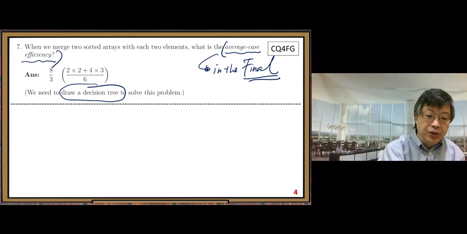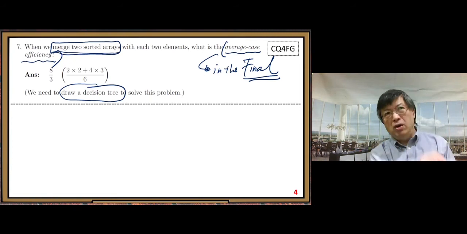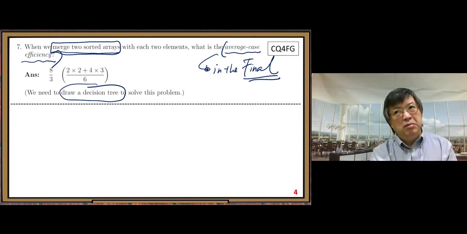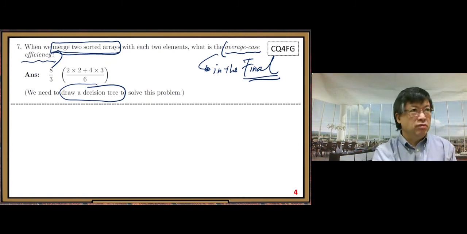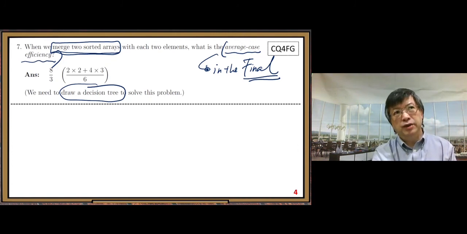When we merge two sorted arrays, regarding the merge sort in homework assignment number 2, a large number of you did not do well. Question number 23, 24, or 22, those questions, a large number of you didn't do well. So I will talk about those two questions in another review session.